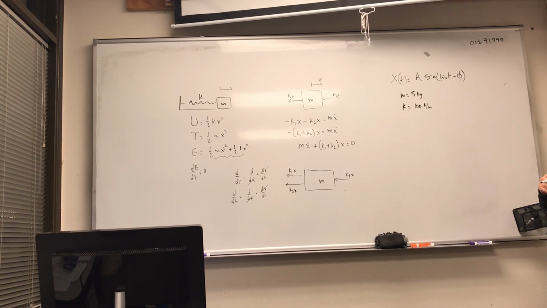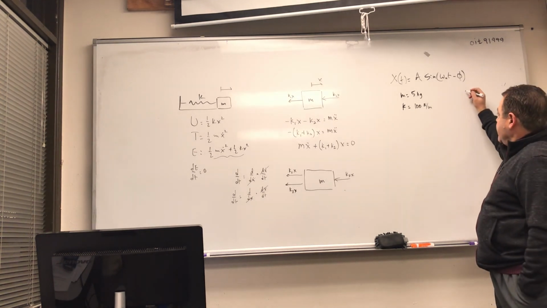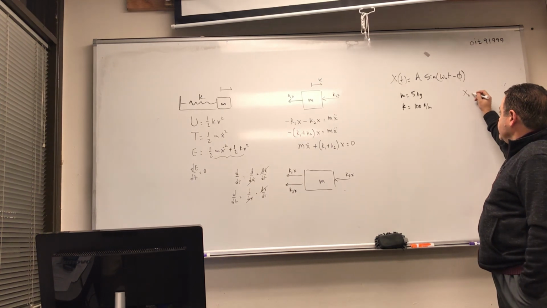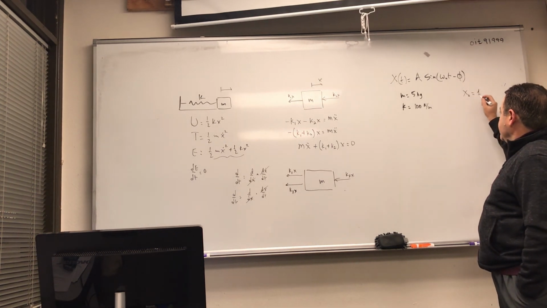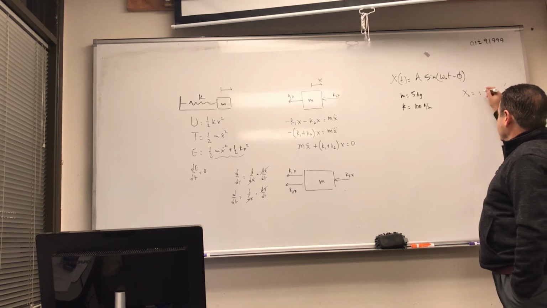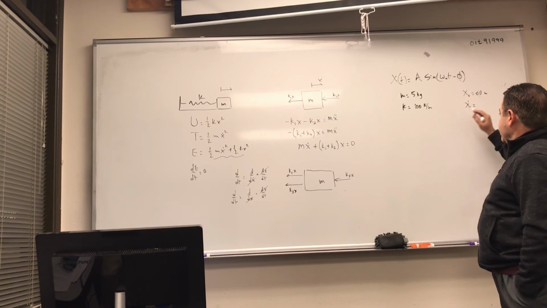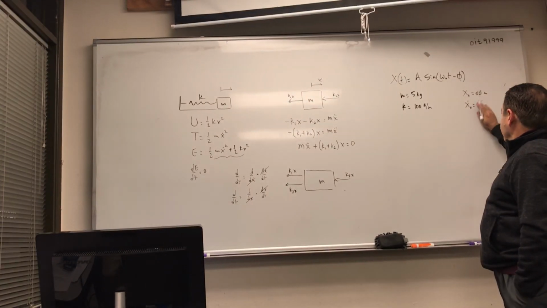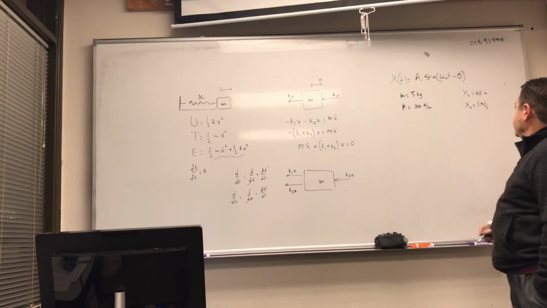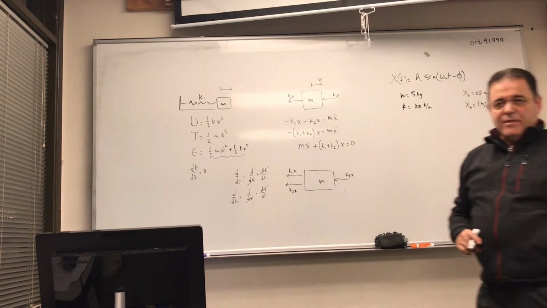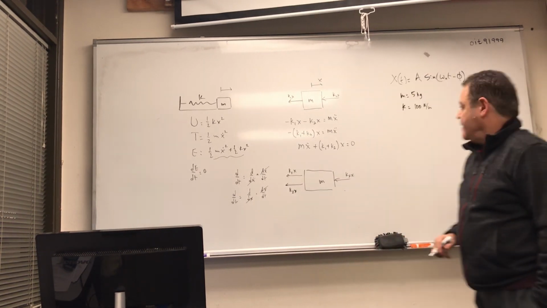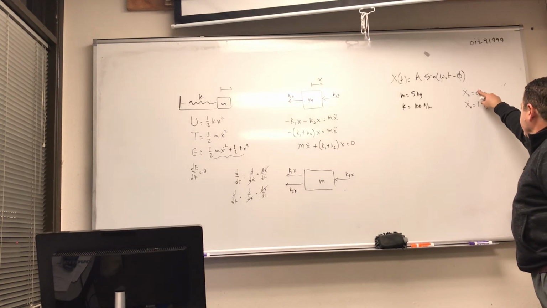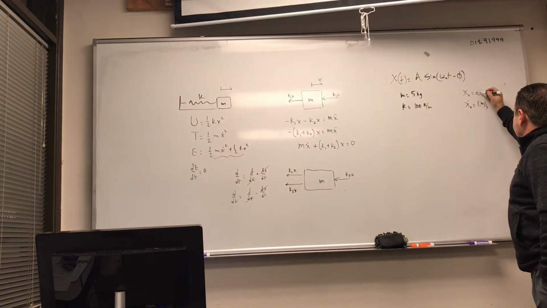So based on this, I'm gonna tell you maybe you have an initial condition of x zero, I think we did something already before, equal to 0.1 meters, and x dot zero, you guys don't like the zero, so we're gonna put 1 meter per second.